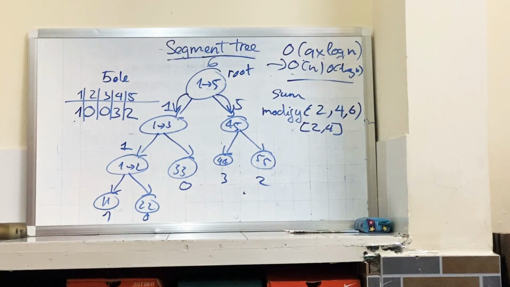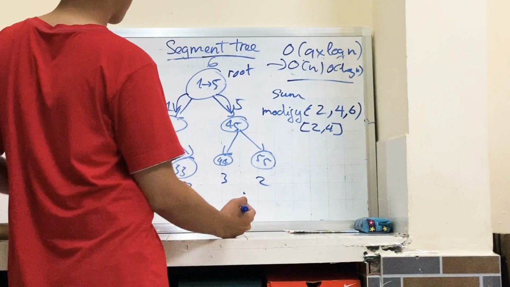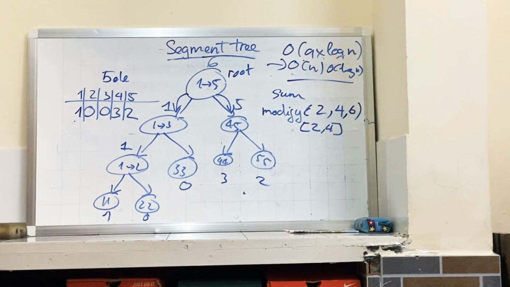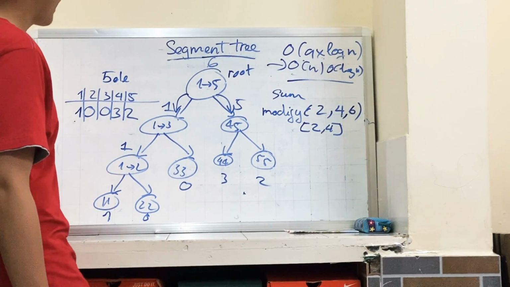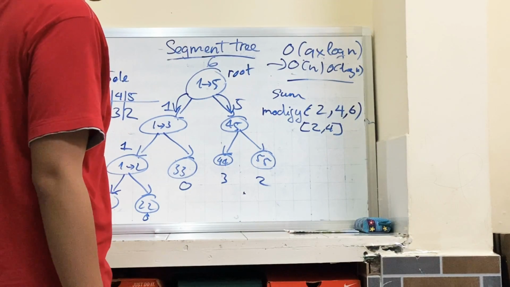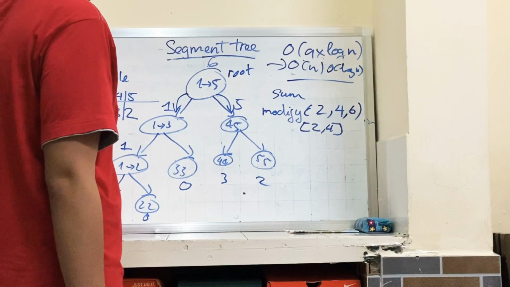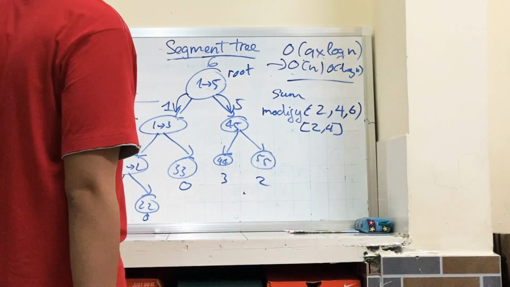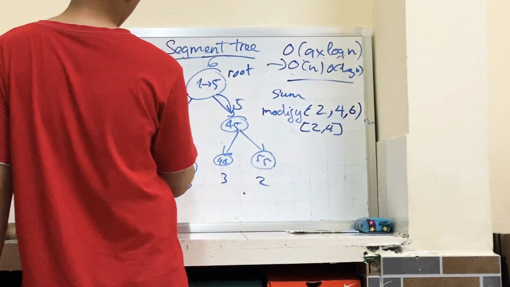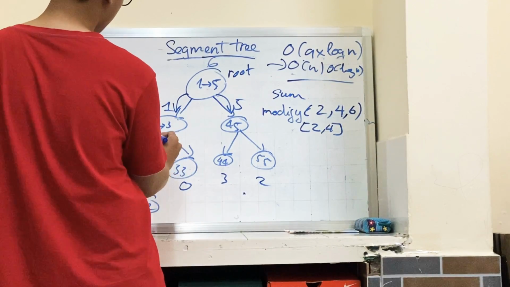Then at this point the interval 2 to 4 covers both sides again, for node 1 to 2 and node 1 to 3, so we go deep in both sides again.